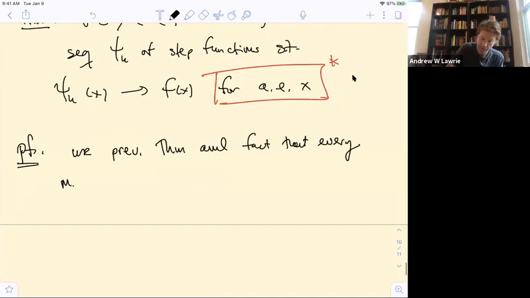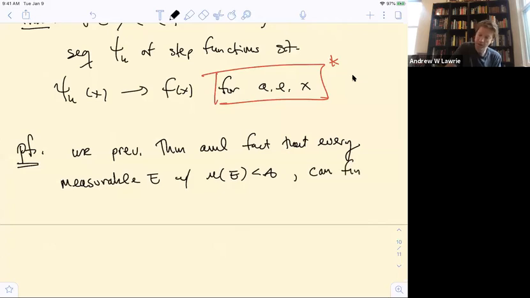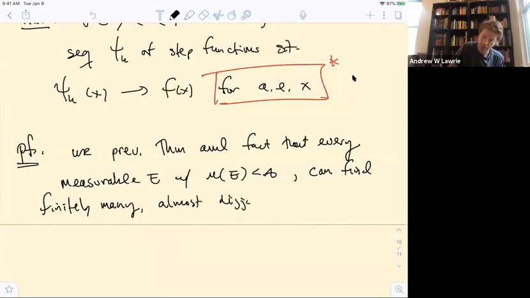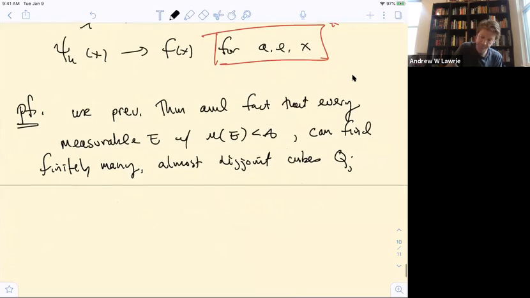every measurable E of finite measure, you can find finitely many almost disjoint cubes Q_j such that the measure of E symmetric difference the union of Q_j, j equals 1 to N, is less than or equal to epsilon.